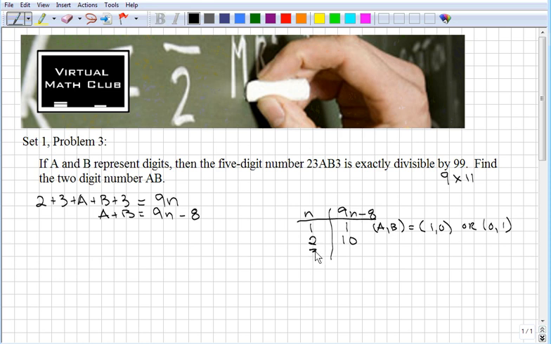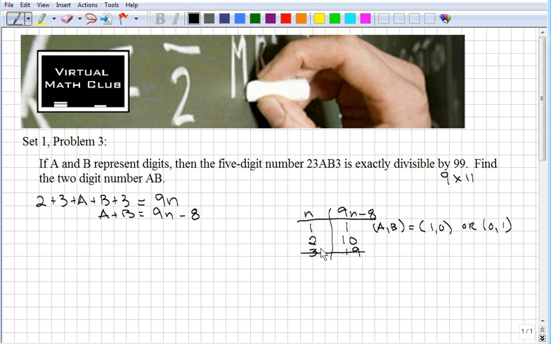If we plug in 3, we get 27 minus 8, which is 19. And if you try to find two digits that add to 19, you can't do it, because the biggest digits you could have would be 9 and 9, and that'd be 18. 10 is not a digit. 10 is a two-digit number, so that's not going to work. So we have our possibilities narrowed down.